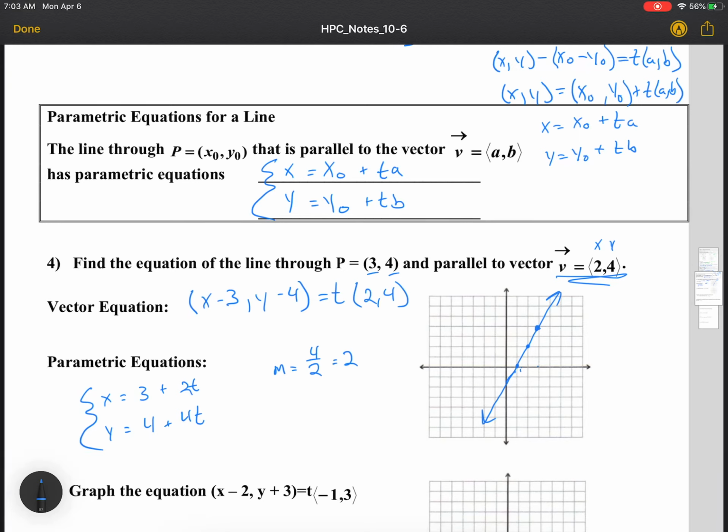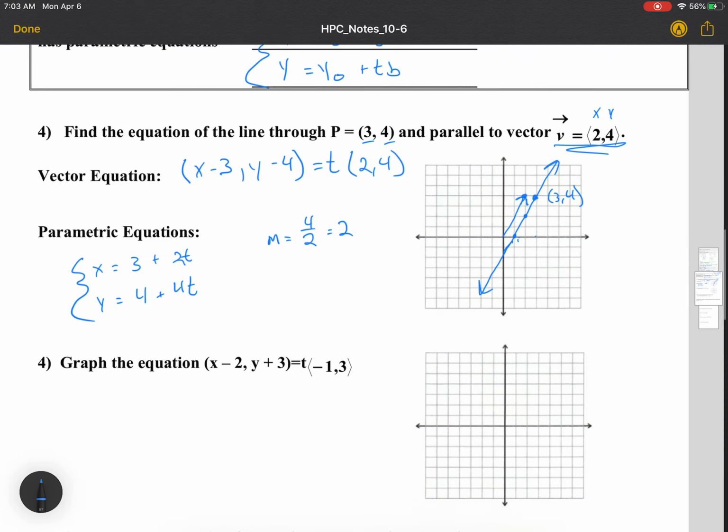So there we go. We found the equation through the line, or through the point 3, 4, which is right here. All right, and it's parallel to this vector, which has a slope of 2 that goes through 2, 4. So that'd be 2, 4. So this is the vector. So you got your vector and you got your line, and it's parallel.